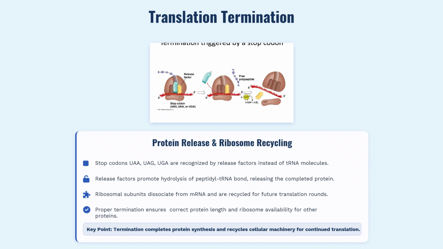Translation termination occurs when the ribosome encounters one of the three stop codons, UAA, UAG, or UGA, which do not code for any amino acid. Instead of aminoacyl-tRNA, these codons are recognized by protein release factors that enter the A site of the ribosome.